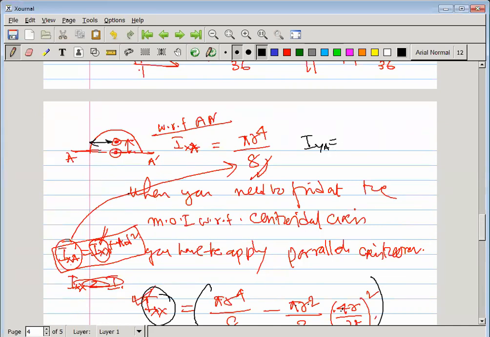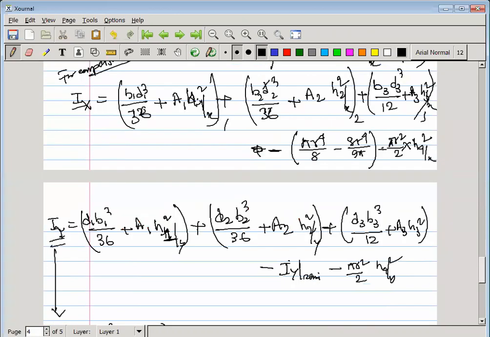With respect to this edge, this distance you know, so this is your centroidal axis, and you simply write I of y with this distance only, same to same. Here I have given all the formulas; you only need to put in the values and calculate. Okay, is it clear?